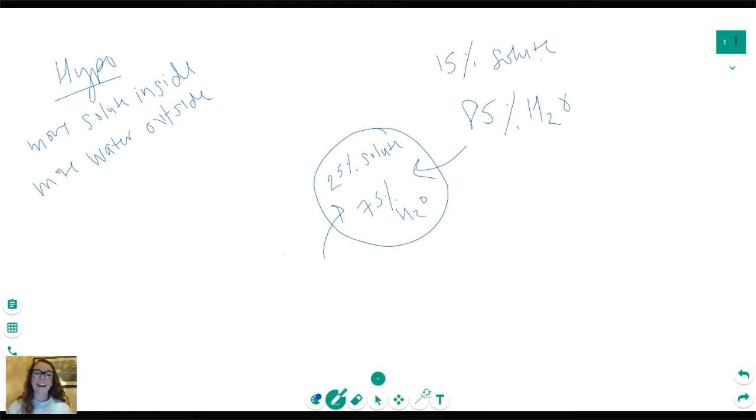So again, I think hippo, because hippos are big and swollen and lazy. And if you're a hypo, lazy hippo, you're going to go inside and lay on the couch all day. So water moves inside when it's hypotonic. Water moves outside when it's hypertonic, because when you're hyper, you run outside, okay? And water moves both in and out equally when it's isotonic.